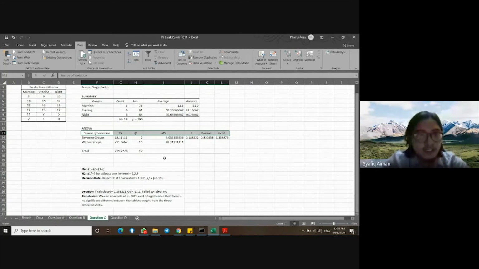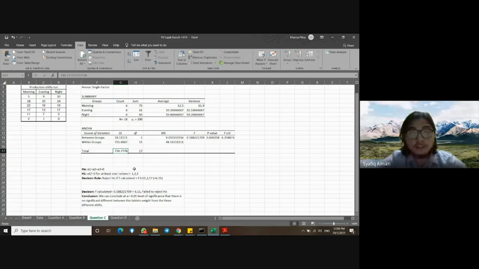SSTRT we get 80.1, for SSE we get 721.6, and for the total SST we get 39.78. So the F calculated that we get for the ANOVA is 0.188.